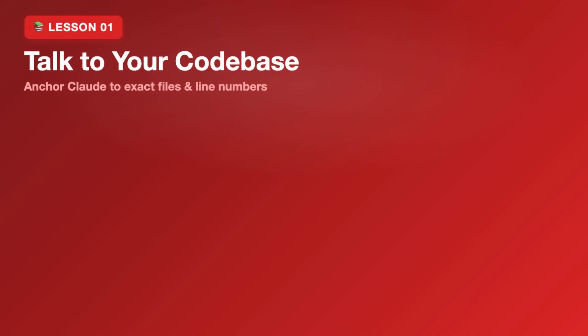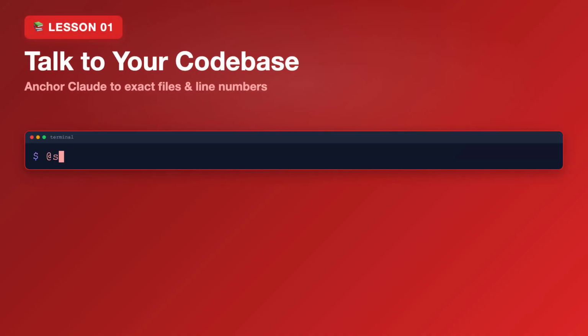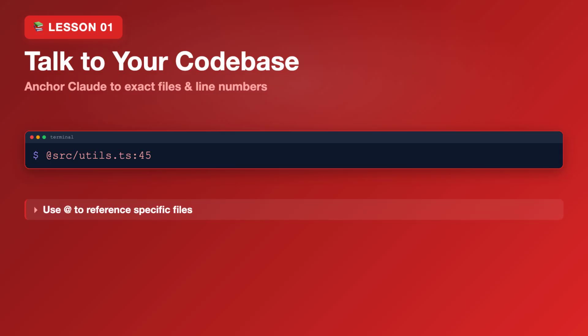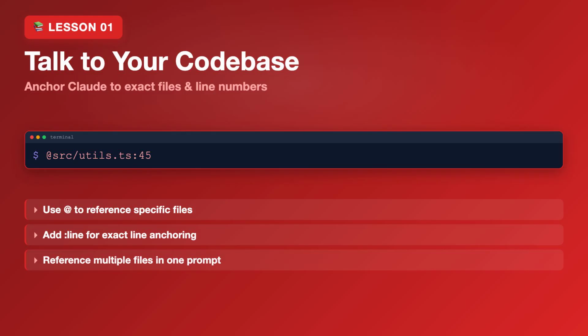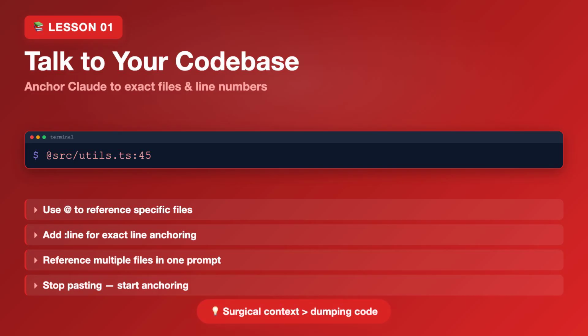Lesson 1. Talk to your codebase. This one teaches you how to use the @ symbol to reference specific files and even line numbers. Instead of pasting code into the chat, you type @ symbol source/utils.ts:45 and Claude reads exactly that file at exactly that line.